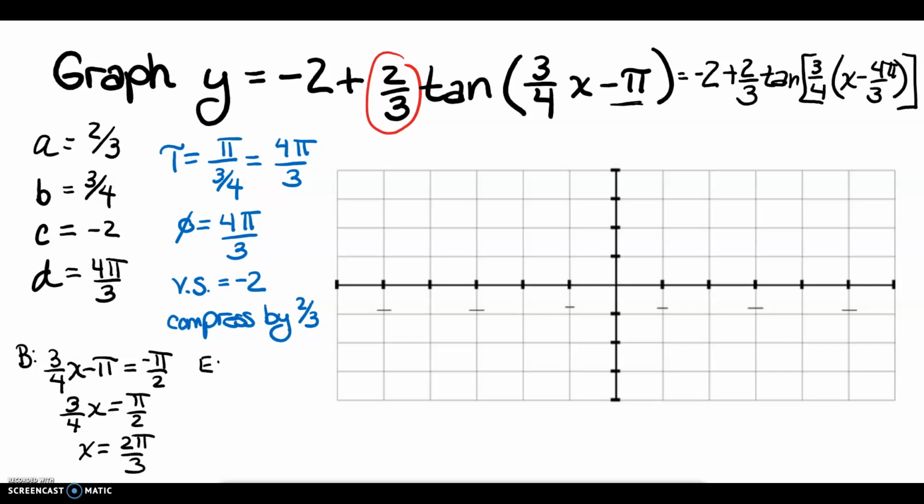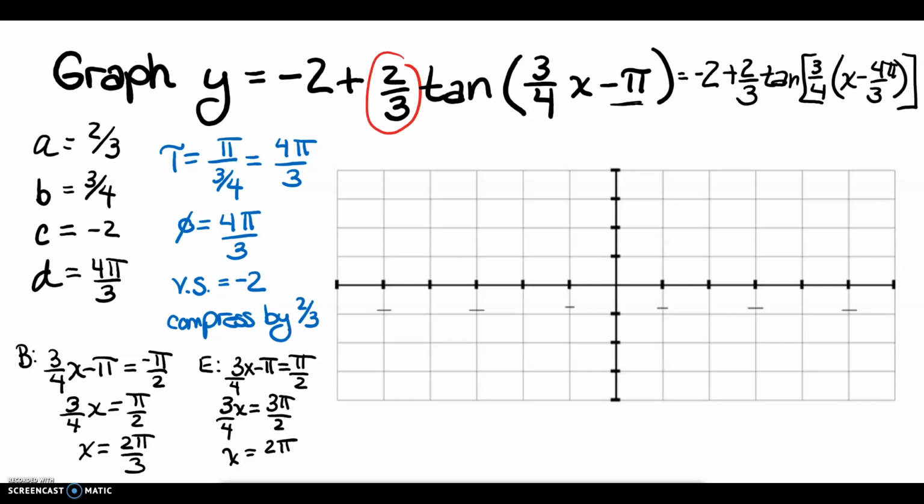My end is going to be the same, except I'm setting that equal to pi over 2. When I add pi, I get 3 pi over 2. And then when I multiply by 4/3, I'm going to get 2 pi.